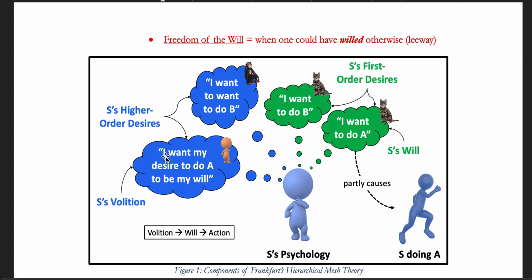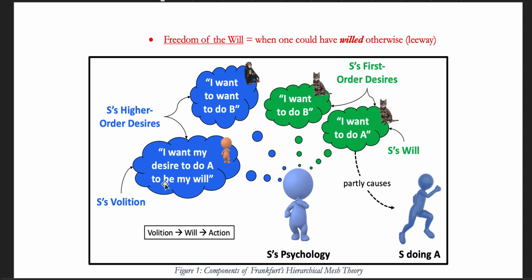Okay, these are both higher order desires, but the volition is the one where not only do you want this desire, but you want it to be effective in causing your action. That's a volition. And Frankfurt thought maybe some animals can even want some of their desires. Maybe some animals can desire that they have certain desires. It's unclear. Maybe higher order animals like chimps or apes.